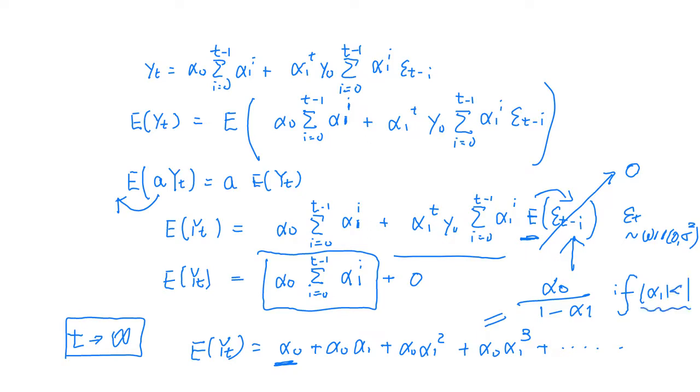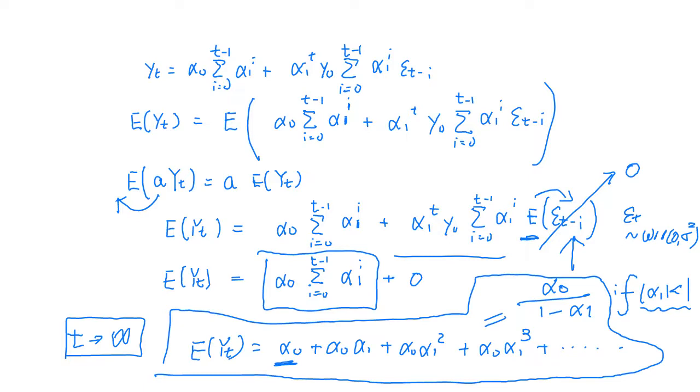if alpha 1's absolute value is smaller than 1. Right? So this is the mathematical rule, or the background, that you need to know. If we apply this, here comes the necessary and sufficient condition for the time series process of yt to become stationary. It's here.